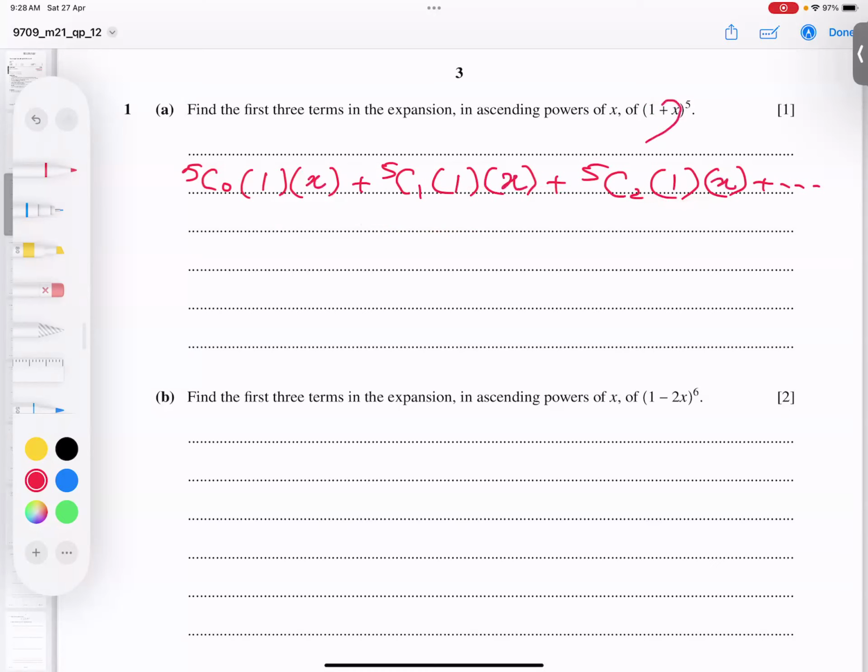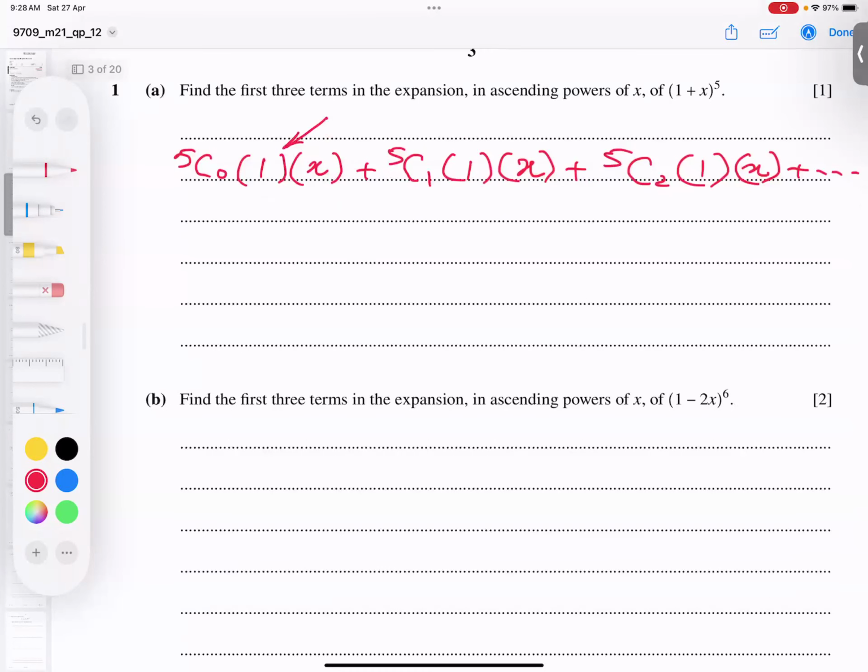Make sure if this is minus x, we'll put minus x. The power of the first value is 5 minus 0, the difference of them, and the second number's power is this number directly. Same, 5 minus 1, and 1 goes directly. 5 minus 2 and 2, I believe you got the point.